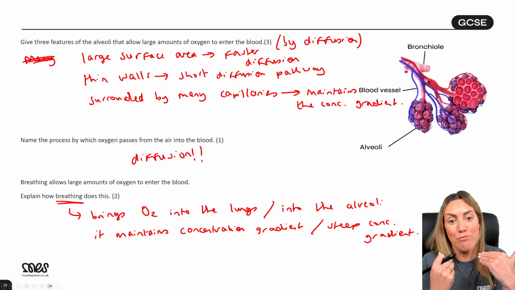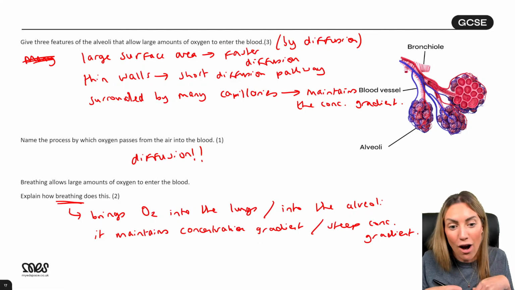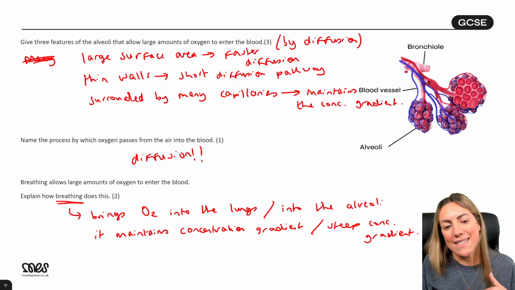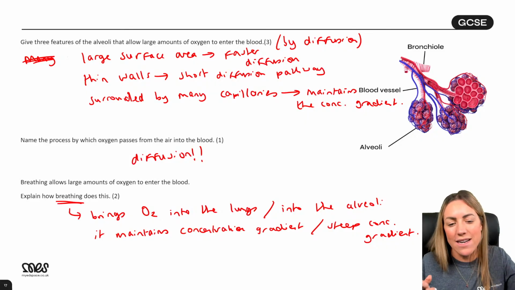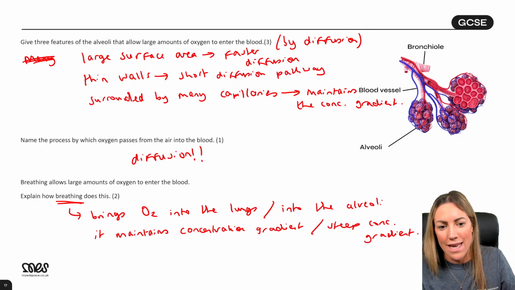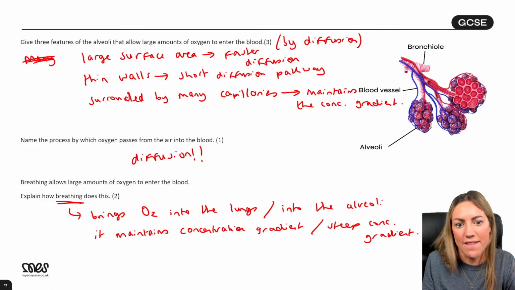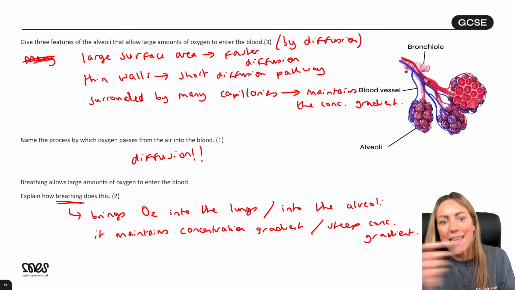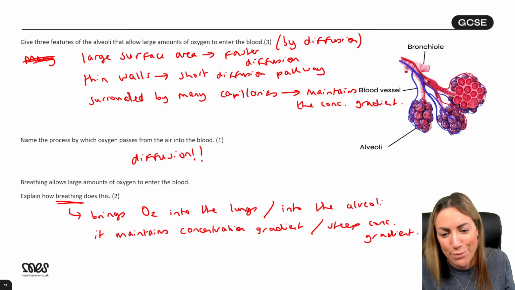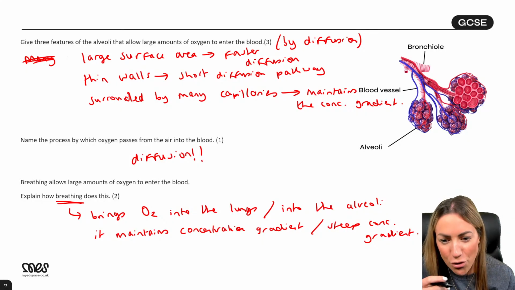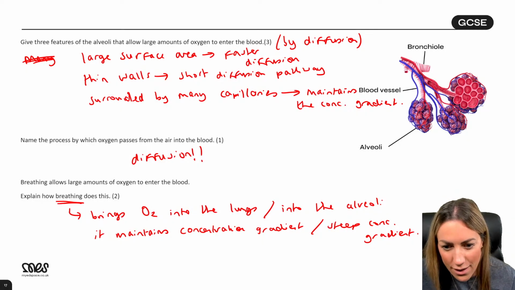If you keep breathing in and bringing oxygen in, what we're saying is there's always a higher concentration of oxygen in the air sacs than the blood. And diffusion is from higher to lower, right? So if there's a higher concentration of oxygen in the air sacs than the blood, it will keep diffusing from the air sac into the blood. So having that concentration gradient is super, super important.